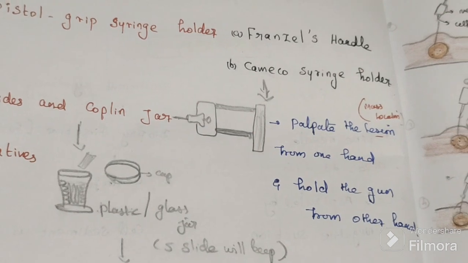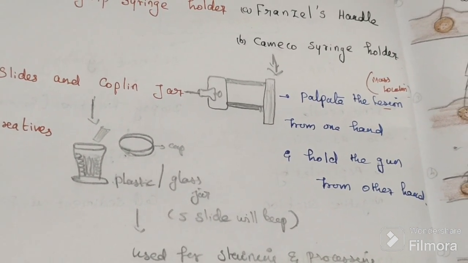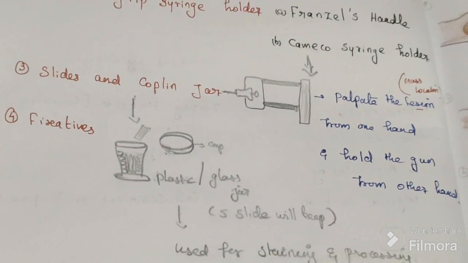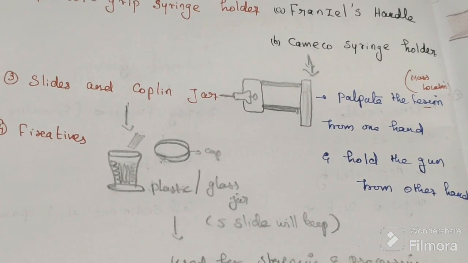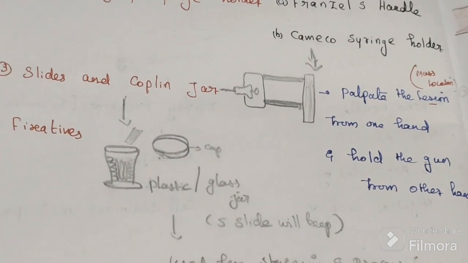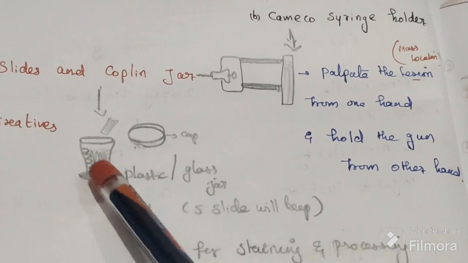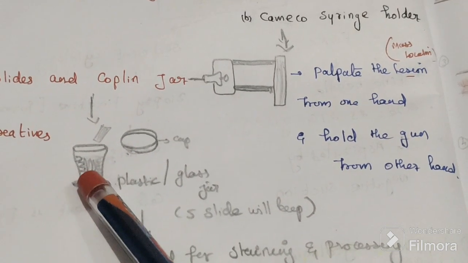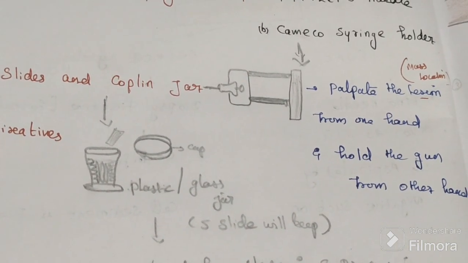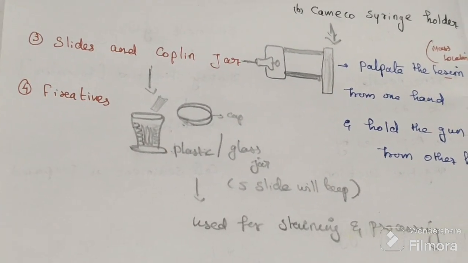After taking out that biopsy, we will prepare the slide, taking the specimen on the slide and keeping it inside this jar. Okay, coplin jar. This is the slot here. Okay, the slots are there, 5 slots. We will keep our slide here. 1 2 3 5, totally 5. So what is the advantage of the coplin jar?